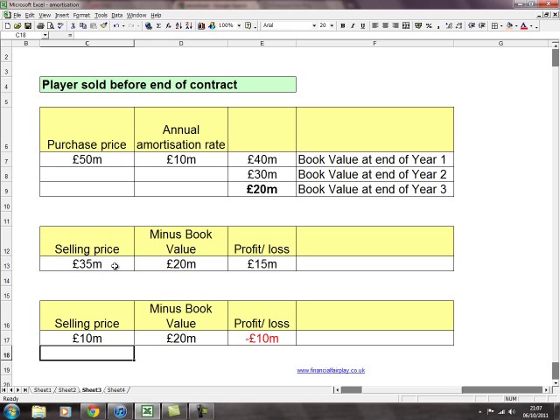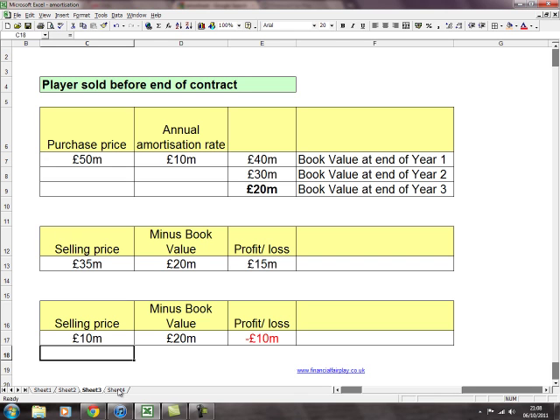But also, Tevez would have been sitting in City's books with a positive book value of about £27 million at the time. So if they'd torn up the contract, City would have had to write off that £27 million book value as an expense immediately in the year that it happened, which would have been a massive blow for City, and is one of the reasons why they didn't do that.